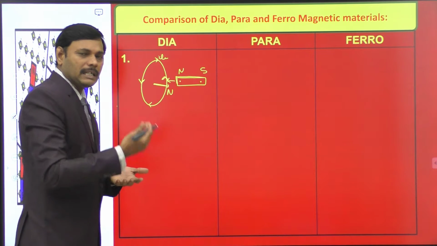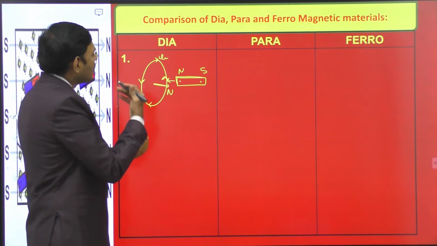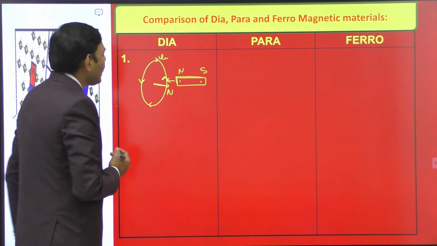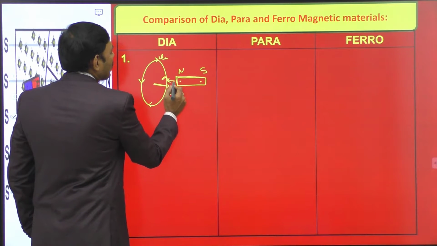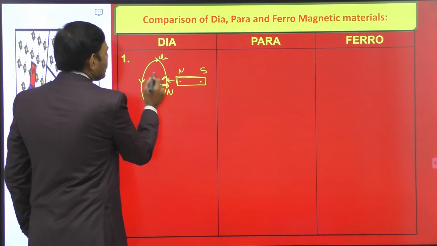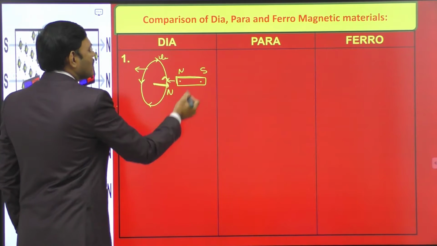Without passing current, the copper itself revolves the free electrons inside it clockwise, and it opposes the growth of flux through it, so that these two repel each other. That's why copper is feebly repelled by the magnet.